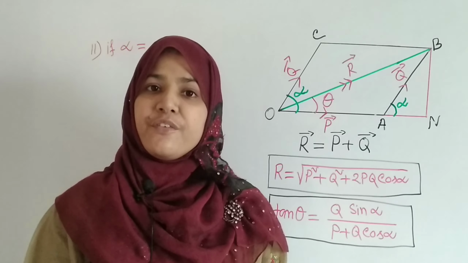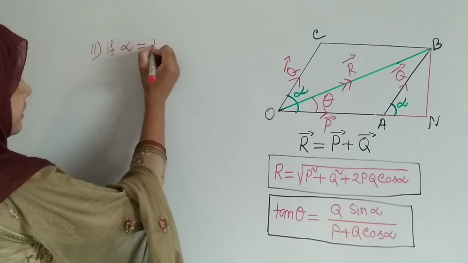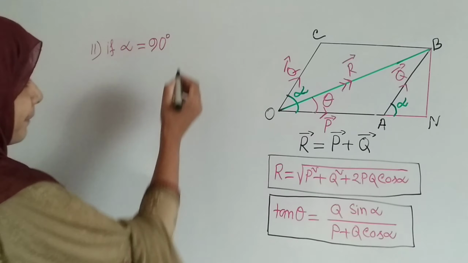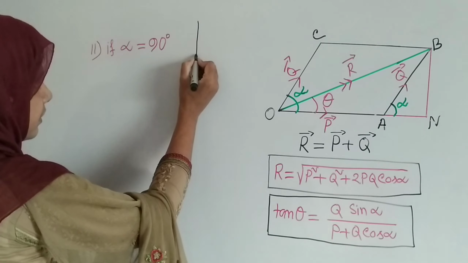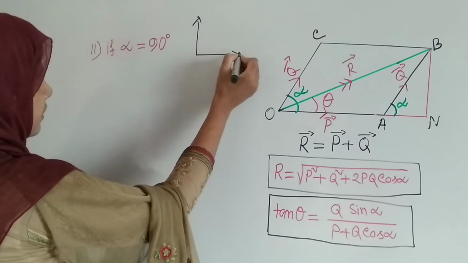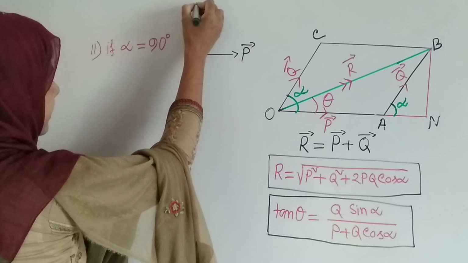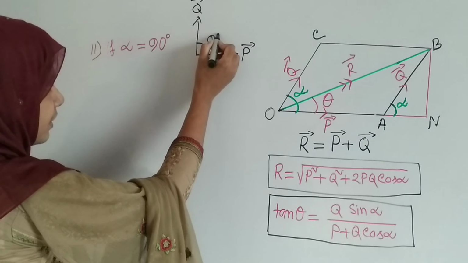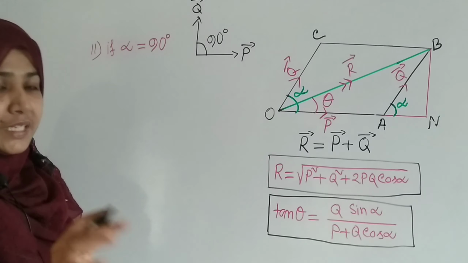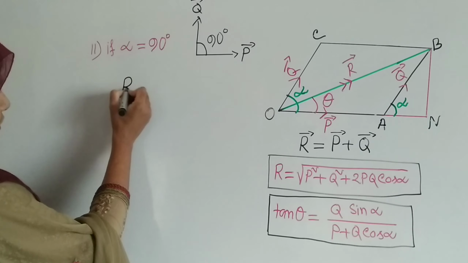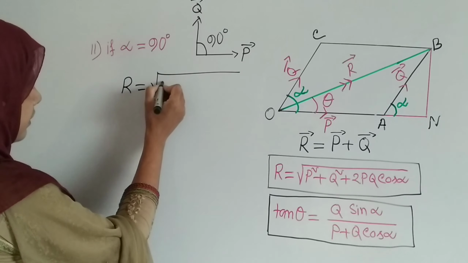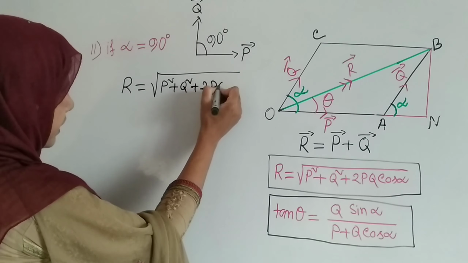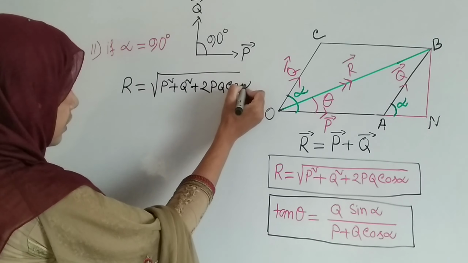Now, if alpha equals to 90 degree, that means if two vectors work perpendicular to each other, this is vector P and here is vector Q, and the angle between P and Q is 90 degree. So in that case we can write that R equals to root over P square plus Q square plus 2PQ cos alpha.